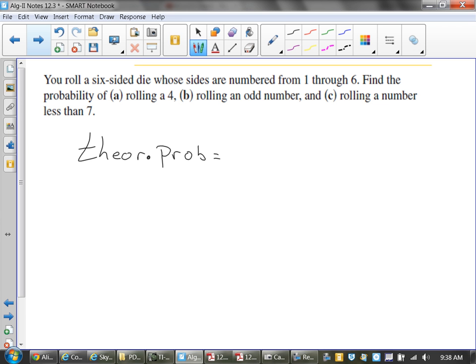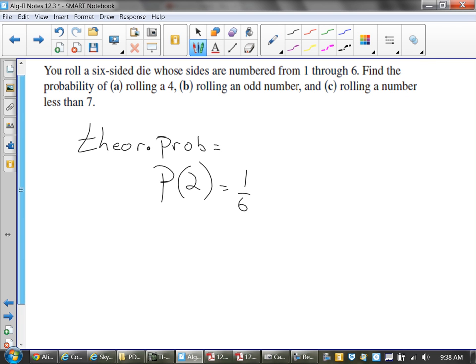For example, if I'm rolling a single die, how many possible outcomes are there? 6. So the theoretical probability of rolling a 2 would be what? 1/6. So the probability of rolling a 2 would be 1 out of 6. What would be the probability of rolling an odd number? 3 over 6, which is 1/2.